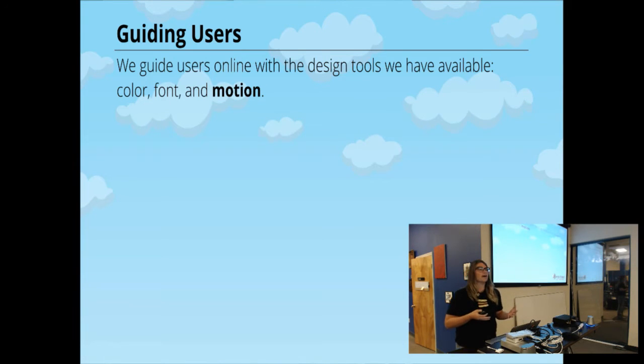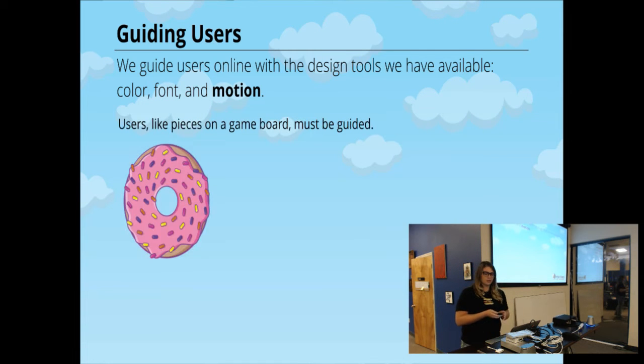These are things like font, color, and motion, which leads us to the reason for wanting web animations. Maybe your site is unused, or maybe you just want to add a feeling to your site, or make something a more prominent call to action. There are lots of different reasons. But users, like pieces on a game board, must be guided.